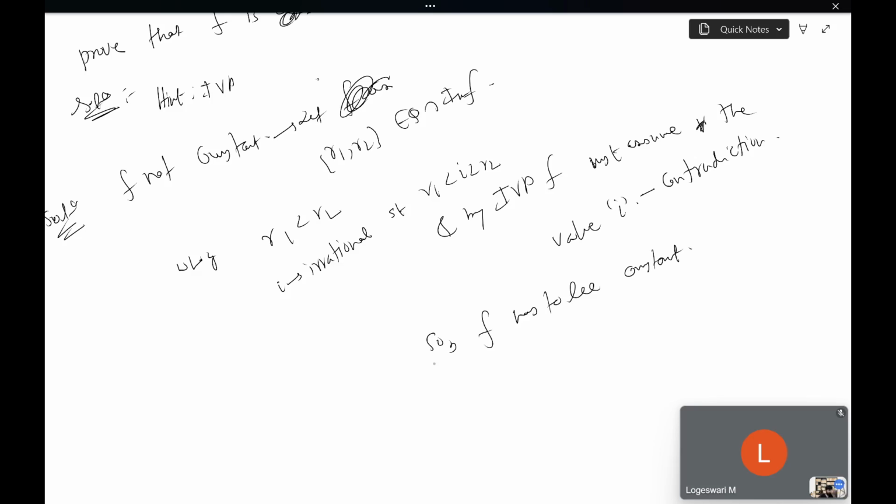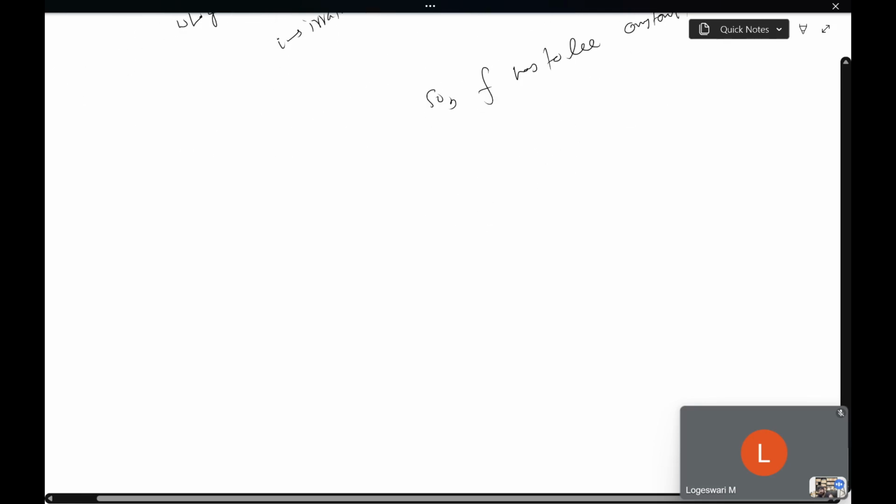Okay, so yeah, the next problem will be on the intermediate value property.